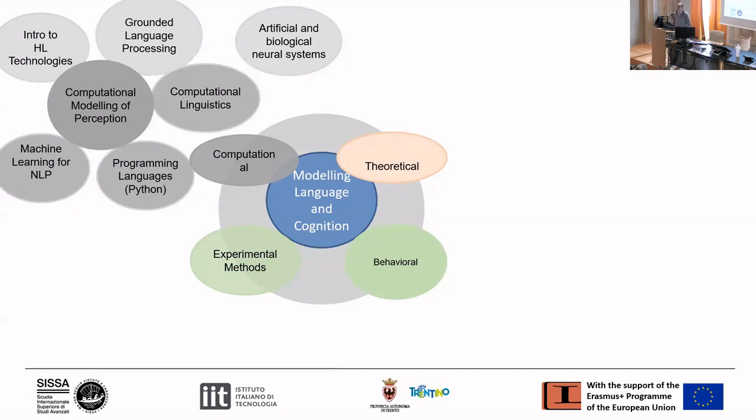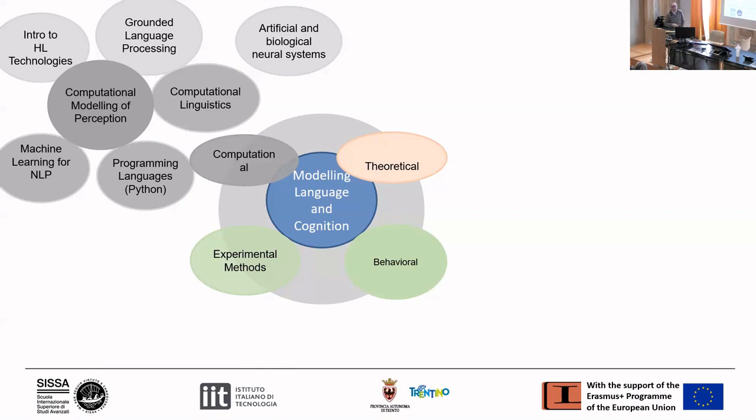What does it mean, grounded language processing? It means that a lot of today's artificial models learn language simply by looking at huge amounts of text, so-called text corpora. But grounding means that together with the text, we provide images so that words like dog are associated not just with the words in the text, but also with the images and very soon videos of the animal.